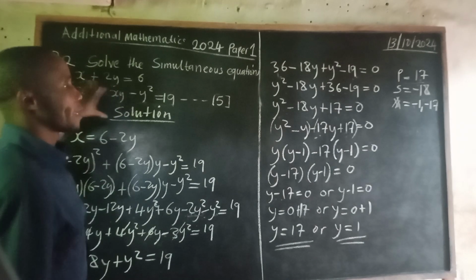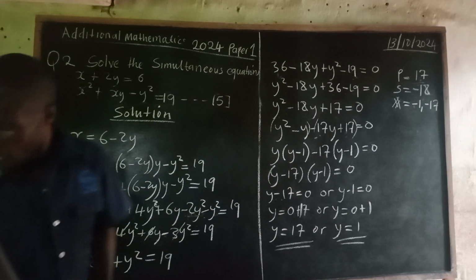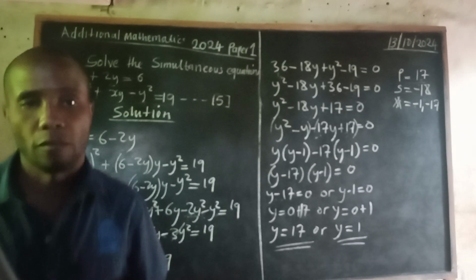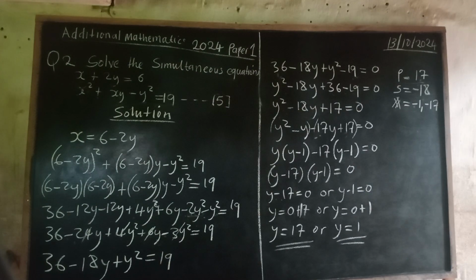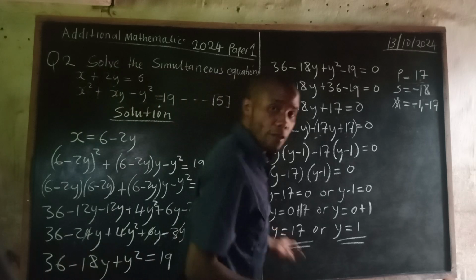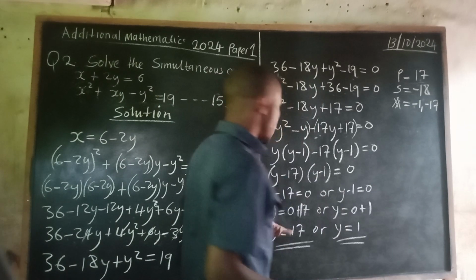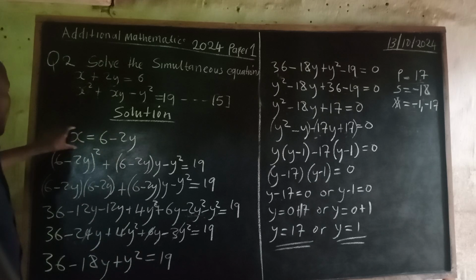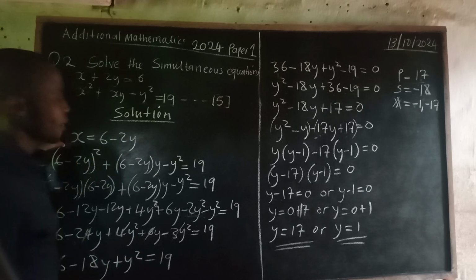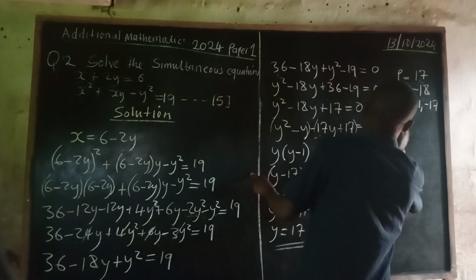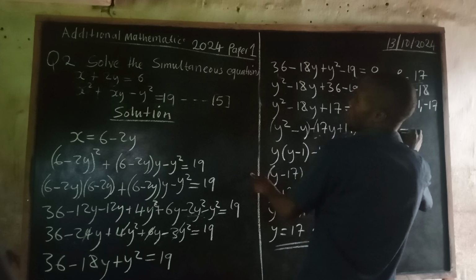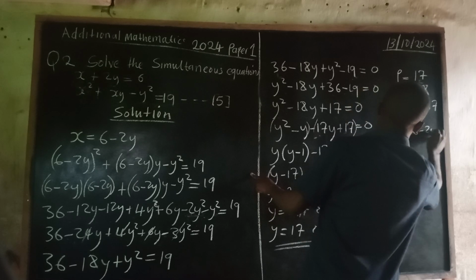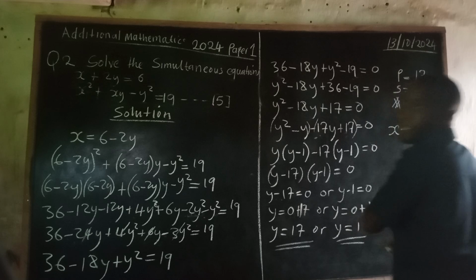Now remember, this is the equation. We are remaining with what? For x. We are done with y, so we are now remaining with x. For x, it's very, very easy because we have the value of y. So just get the first equation: x is equal to 6 minus 2y for us to find x.